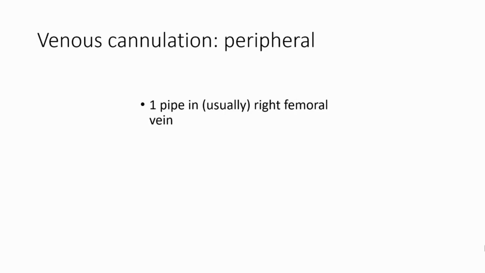It depends both on the surgeon and the operation. However, you will often find that in minimally invasive mitral surgery, they do implement a peripheral cannulation strategy. Whereas in minimally invasive aortic valve surgery, they're more likely to use a central cannulation strategy.